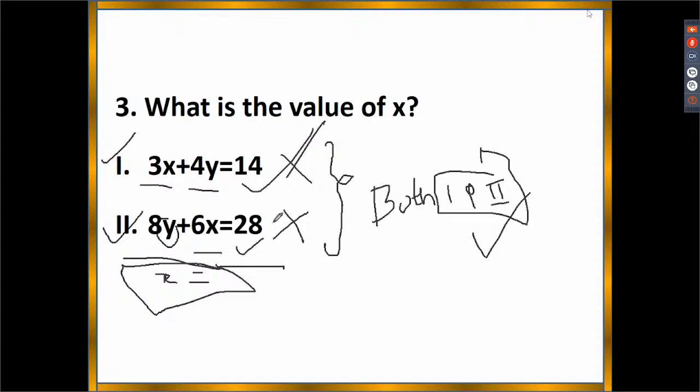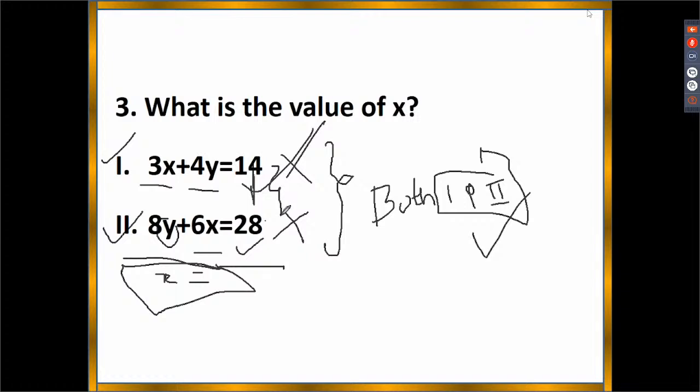Are both the same equation or different equations? Same equation. Here 2 is the common factor: 4y plus 3x is equal to 14. Nothing but 4y plus 3x or 3x plus 4y is equal to 14. Means both the equations are the same. By using only one equation, how can you get the answer?